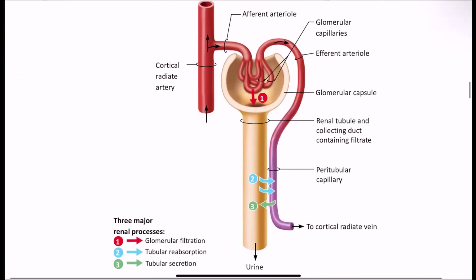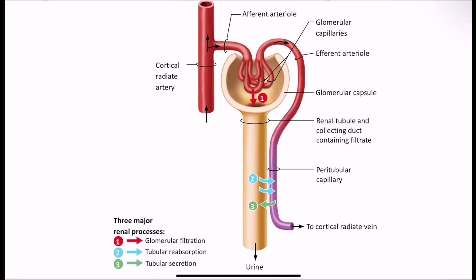We will talk more about this and I'll show you this picture again, but generally how the nephron works is three major processes. From the blood, we'll enter that glomerulus from the afferent arteriole. We'll loop around in that glomerulus. And at the glomerulus, we perform the first thing, which is called glomerular filtration. So filtrate then leaves into the nephron.